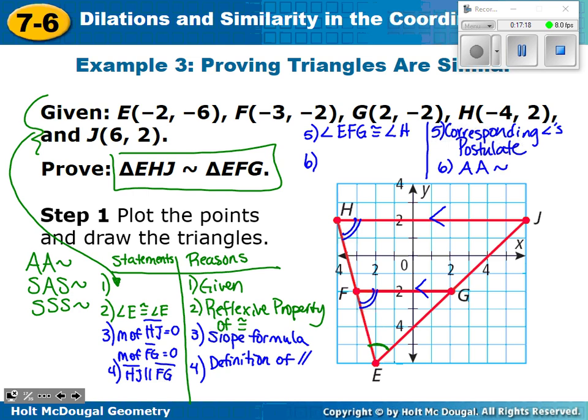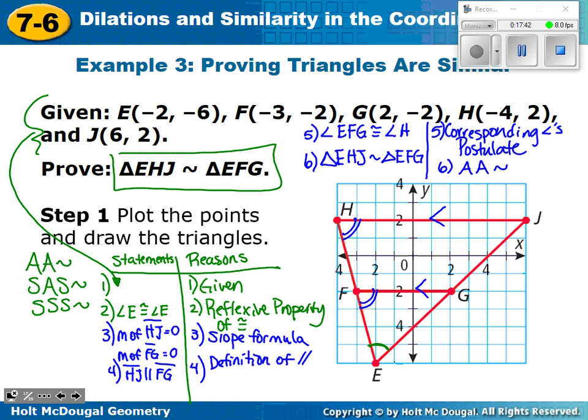And definitely, yes, use that similarity symbol. So triangle EHJ is similar to triangle EFG. Now, I told you this could be a long proof or this could be a short proof, right? And we chose the easier way, which was angle, angle.